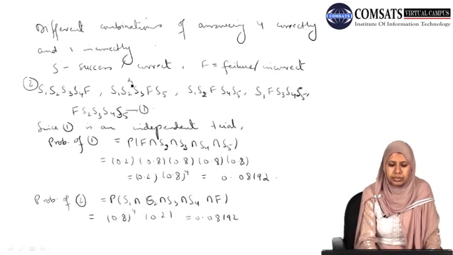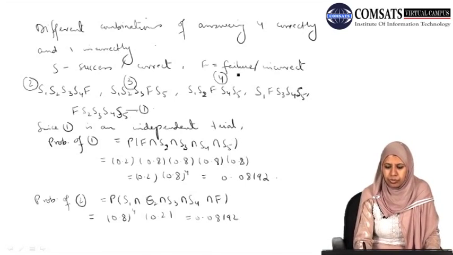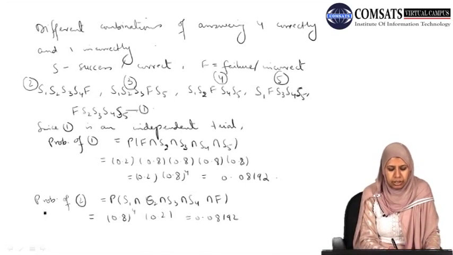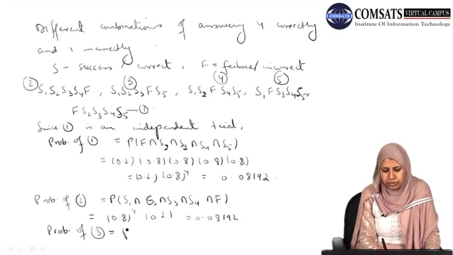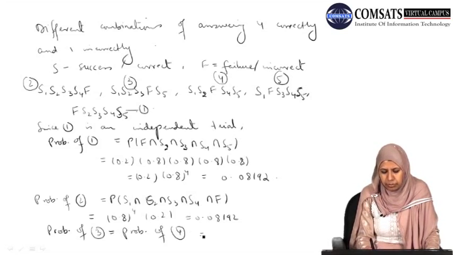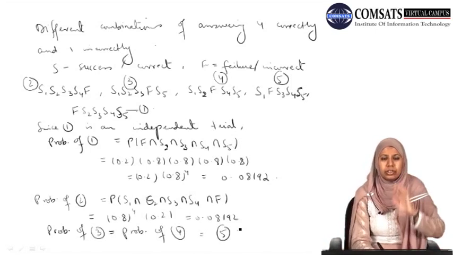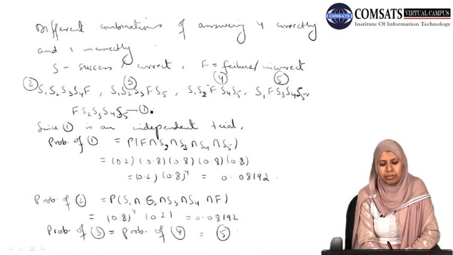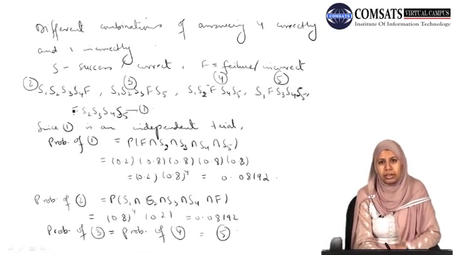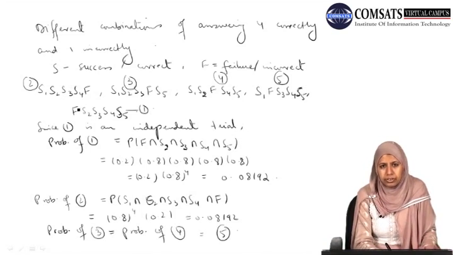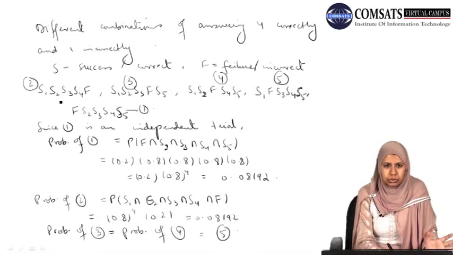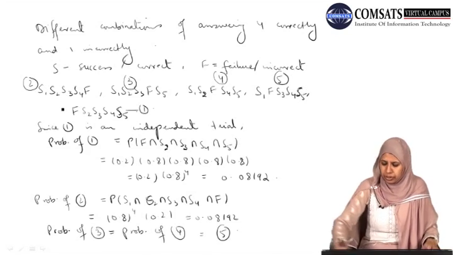Similarly, if we call this our third combination, this the fourth and this one the 5th, then the probability for our third combination is the same as for our fourth combination and the 5th combination. Because in each of these we have only one false, they are independent trials with mutually exclusive outcomes.